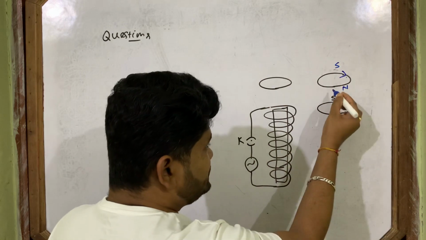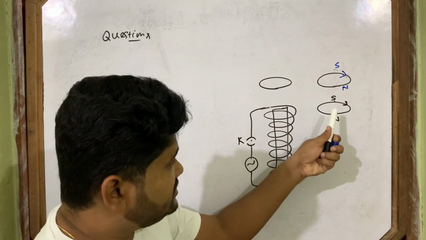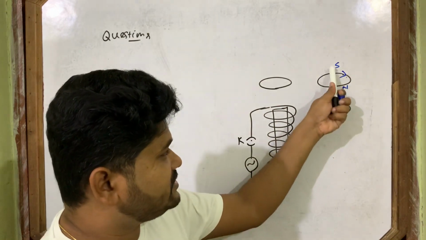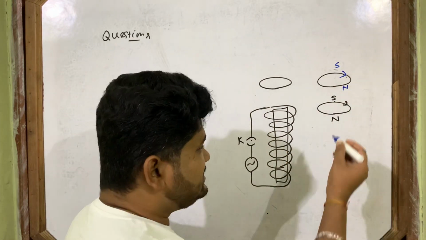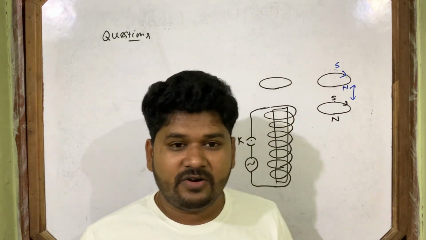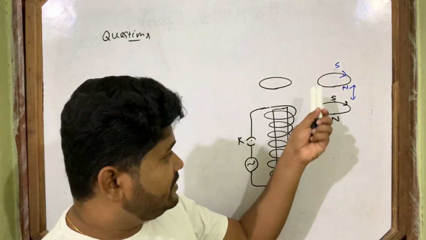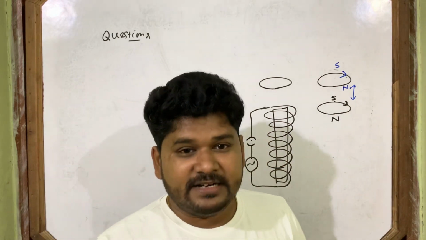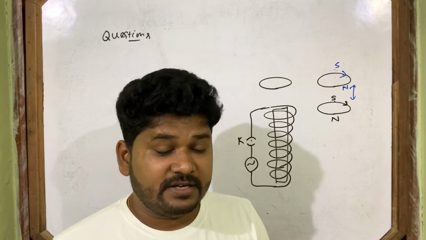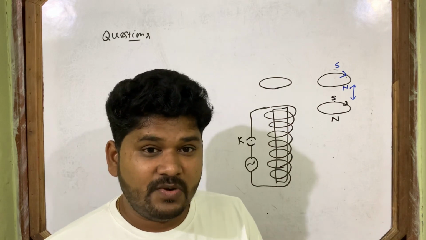So the south and north are facing each other, then they attract each other and the ring gets attracted by the coil at the time of switch off. But at the time of switch on, it jumps.